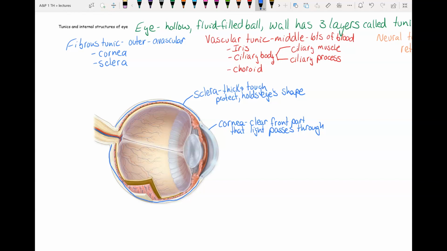Then if we move on to vascular, the iris is right here. That is the color part of your eye. So like if you say that you have blue eyes or green eyes or brown eyes, that is the iris. This is a smooth muscle, and its job is to control the size of the pupil.